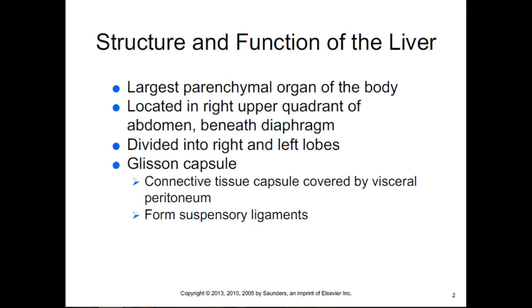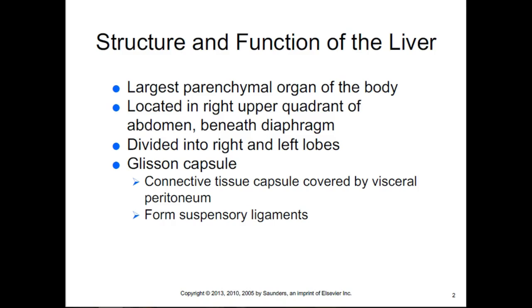All right, so it's the largest parenchymal organ of the body, not counting the skin, because the skin is not inside. Parenchymal means made of structure altogether. It's located in the right upper quadrant of the abdomen under the diaphragm.